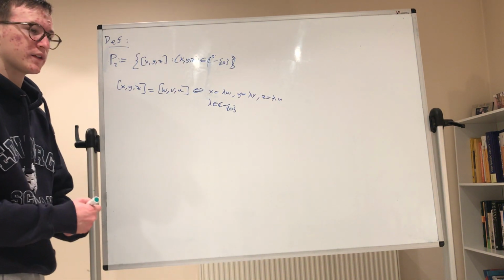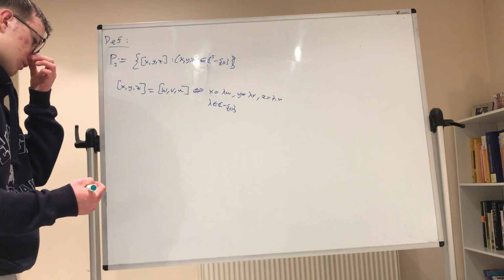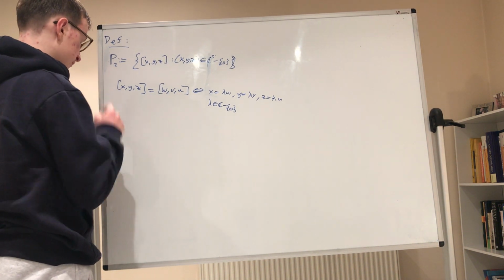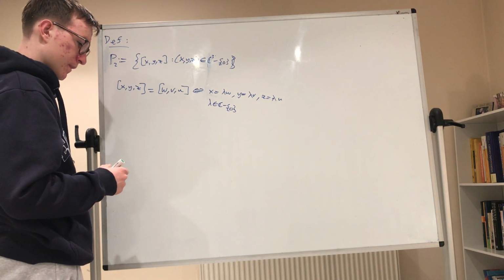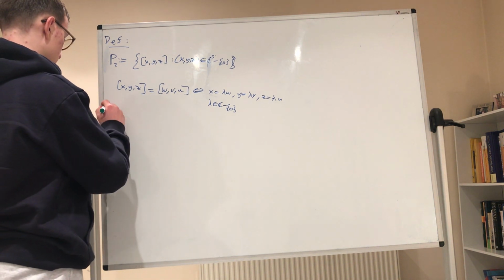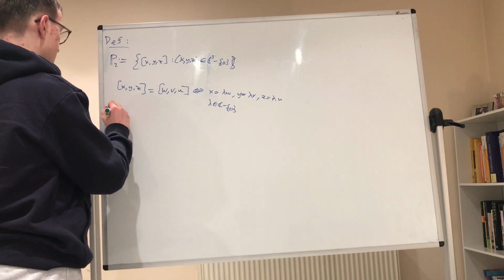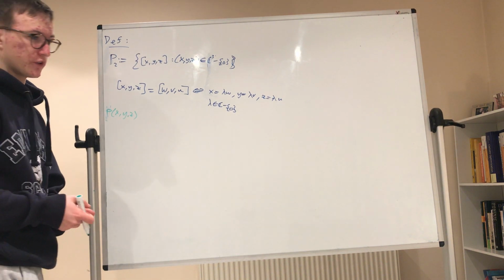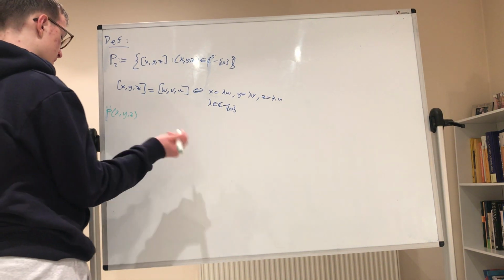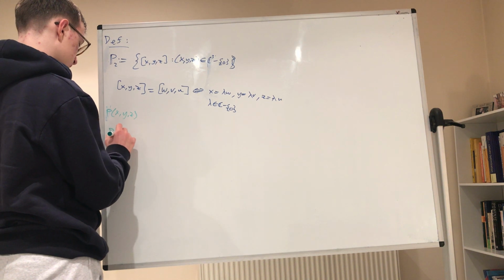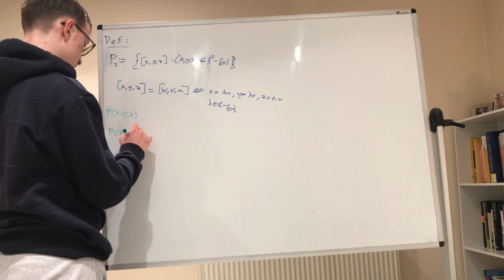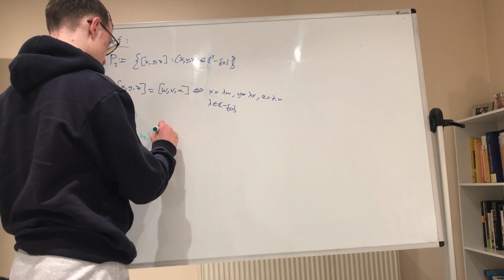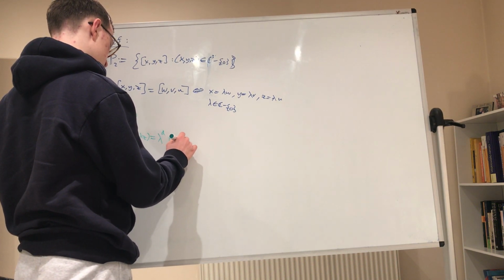Of course, recall that a polynomial P of x, y, z is homogeneous of degree d if P of lambda x, lambda y, lambda z is equal to lambda to the d times P of x, y, z.